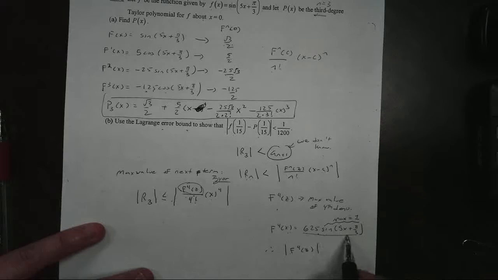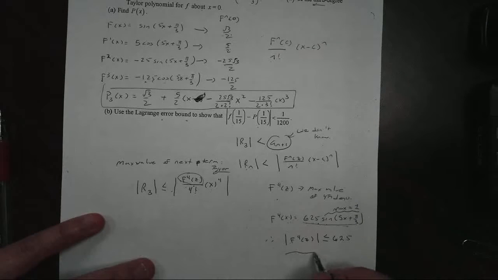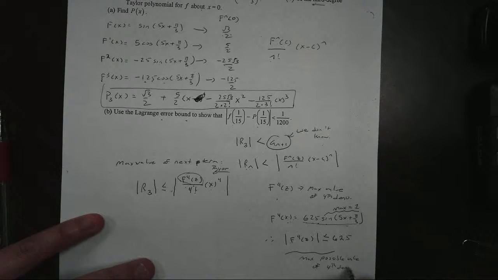So the maximum value all of sine can be is 1. So what does that make for my maximum value? If we take that 1 times 625, the most we can be off is by 625. So this is going to be less than or equal to 625. Therefore, this is my max possible value of the fourth derivative.